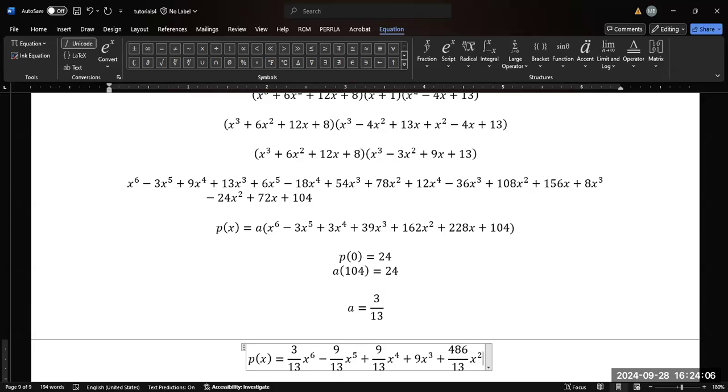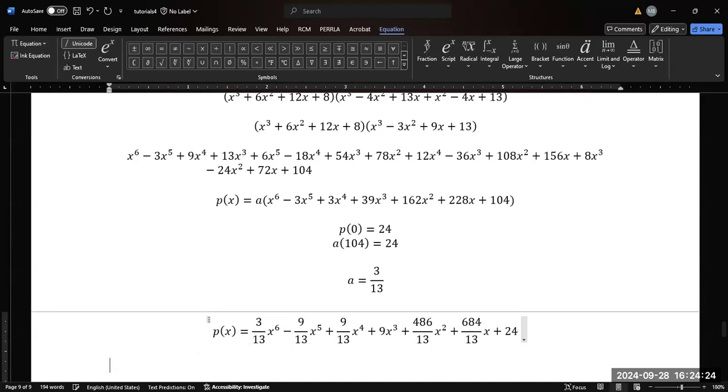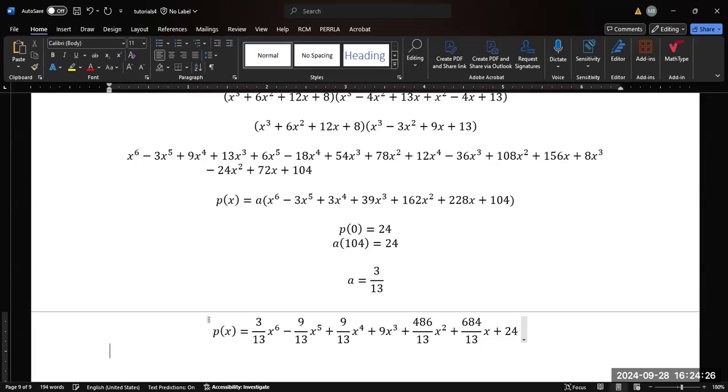So 228 does not also divide by 13. So I'm left with 684 over 13 x and this should be 24, plus 24, or we could leave it in, again, factored form.